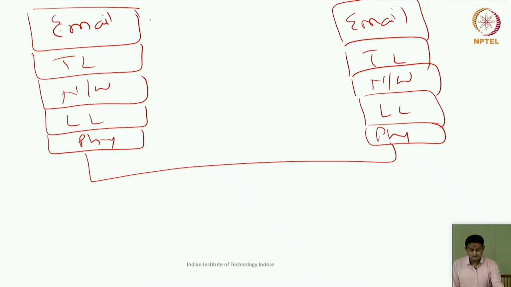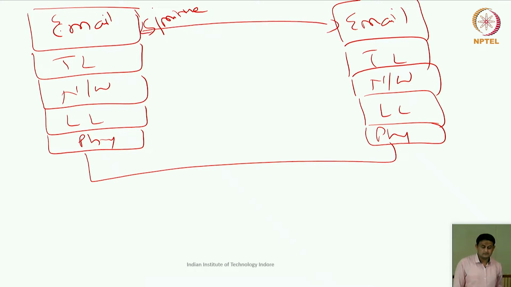S/MIME operates at the application layer. Whenever something is encrypted, the email content is encrypted at the application layer, and the implementation of S/MIME itself is at the application layer.